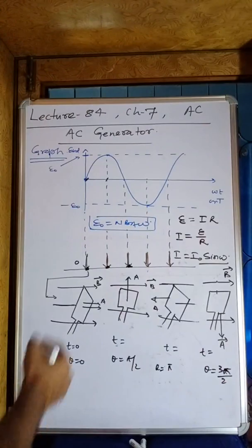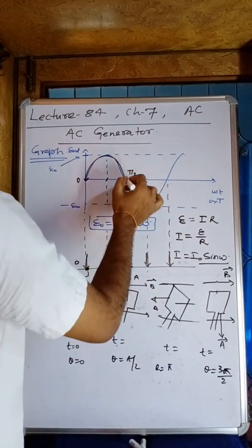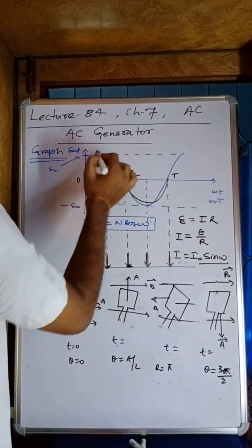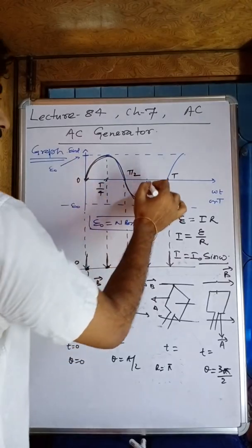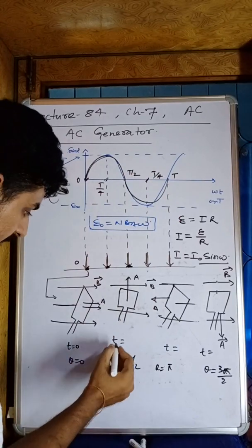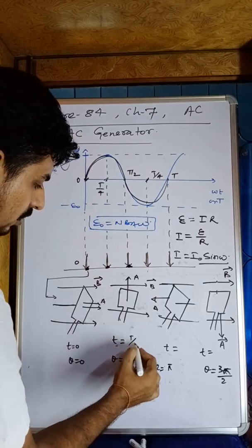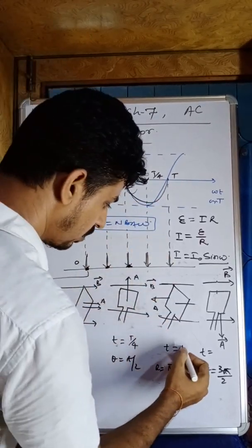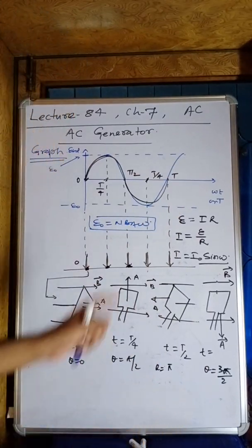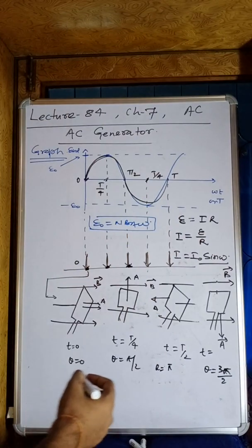Now for the time, this is the half cycle 0 to T by 2, and this is the half cycle T by 2 to T. Half of the half, that is the quarter cycle, is T by 4. So we can write the time as 0, T by 4, T by 2, and again T by 2 plus T by 4.